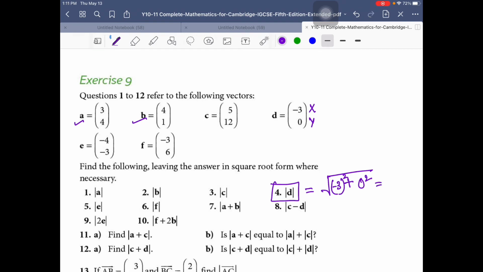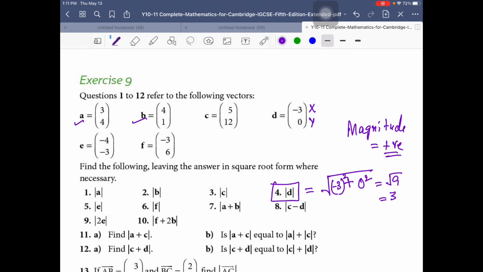So it becomes root of 9, which is 3. Keep it in mind, the magnitude being the length should always be positive. It could be 0, but in that case the vector is the zero vector.